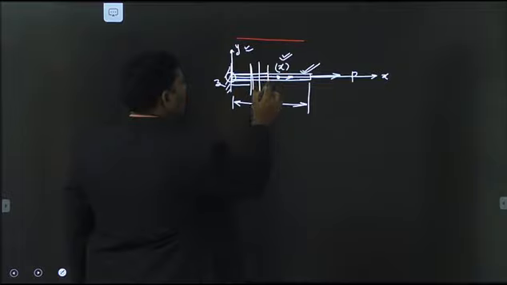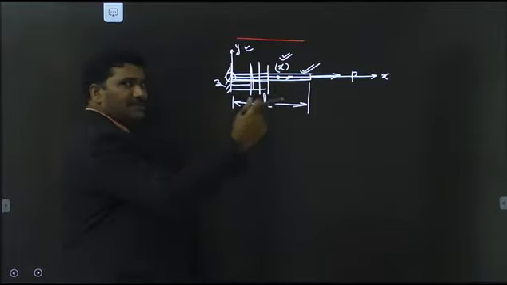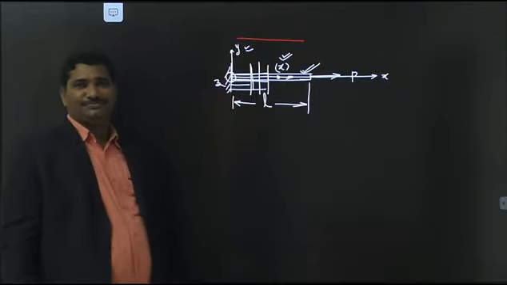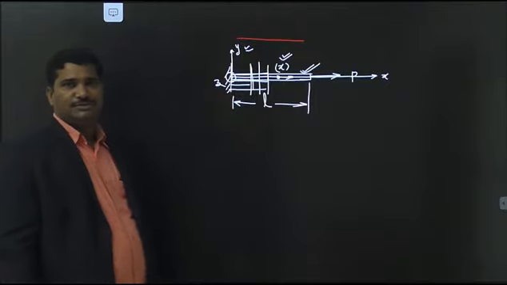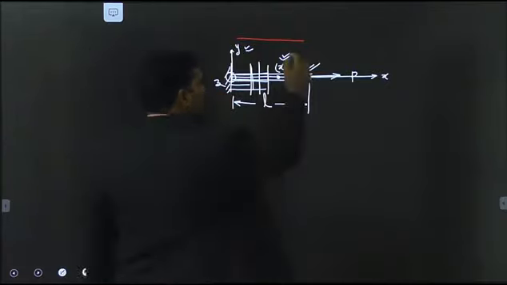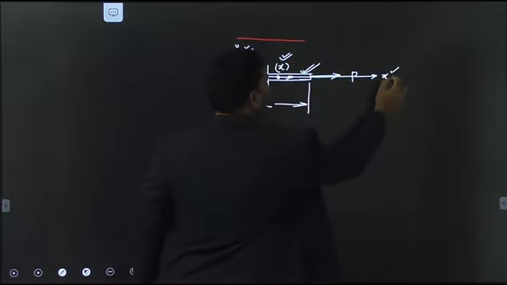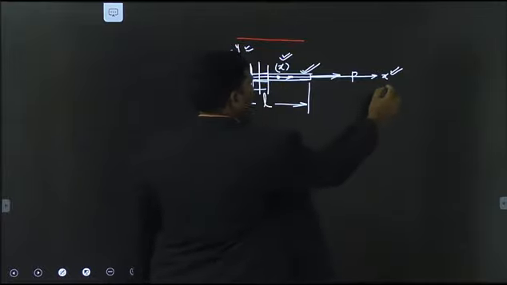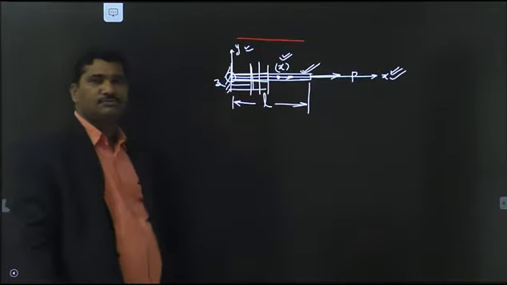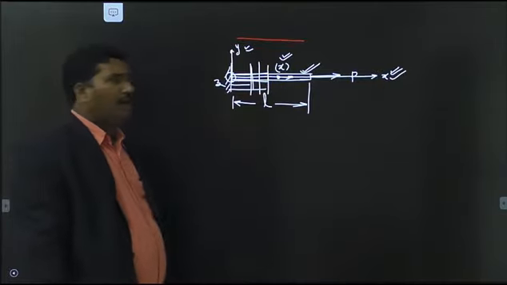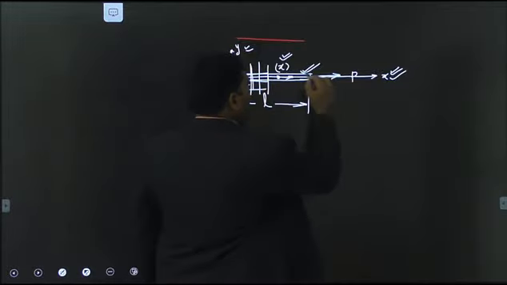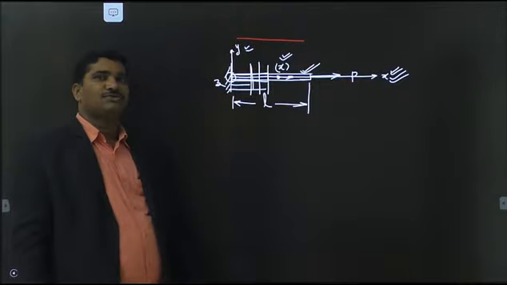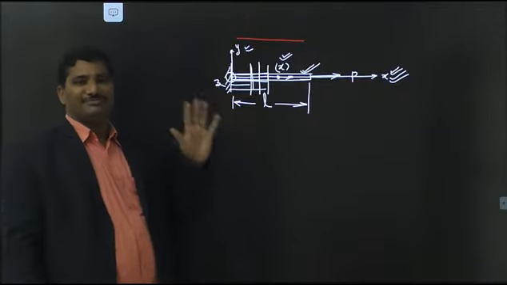If you consider only this part, this is the length. So length is variable, so x is the variable here. The material properties depend on the variable x, the displacement of this point depends on the variable x, and the geometry of this body depends on the variable x. Therefore, I can consider this as a one-dimensional problem.